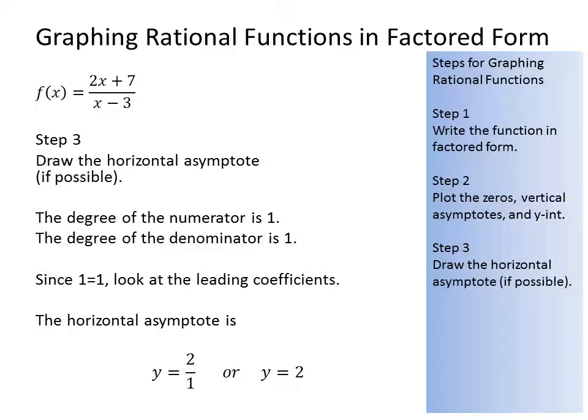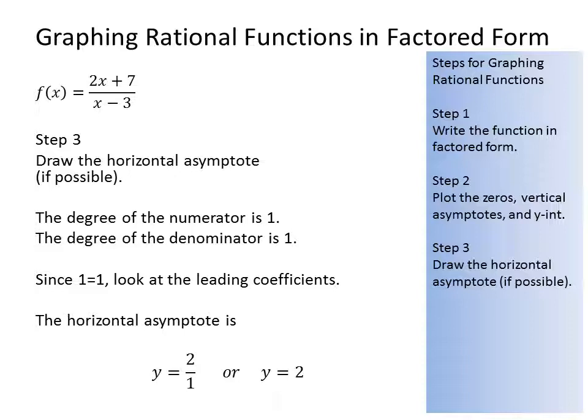So in this case, looking at the degree of the top and the bottom, we see that the highest power on the top is 1, and the highest power on the bottom is also 1, so they have the same degree. Therefore, we have to look at the coefficients of those 2 terms.